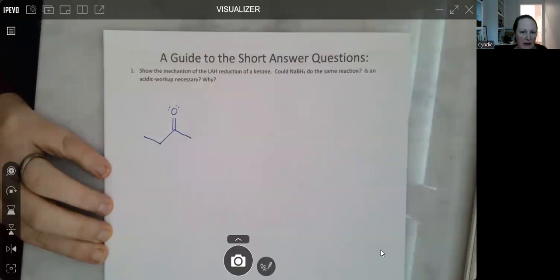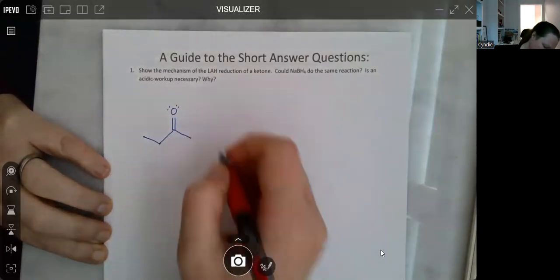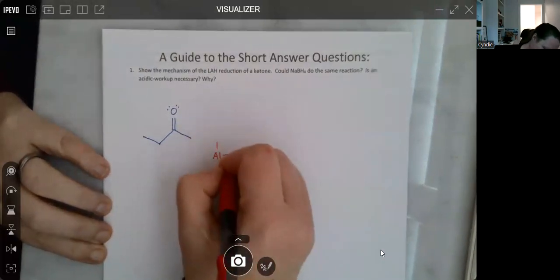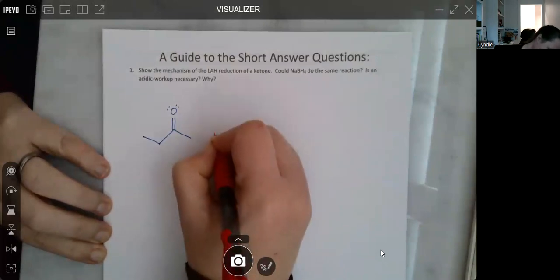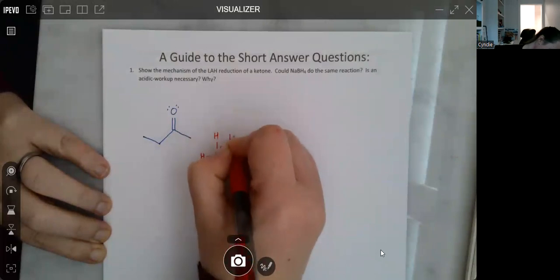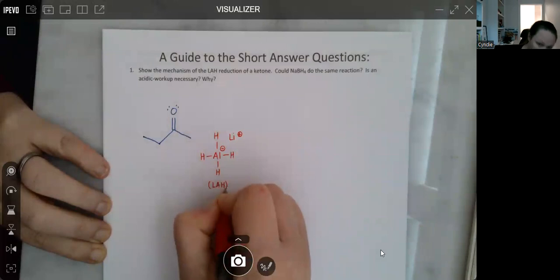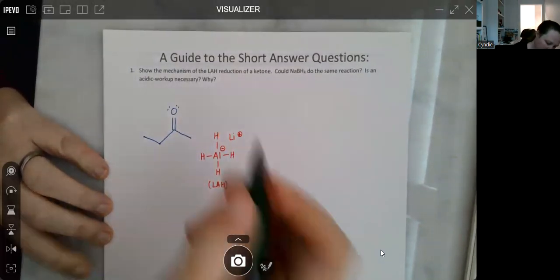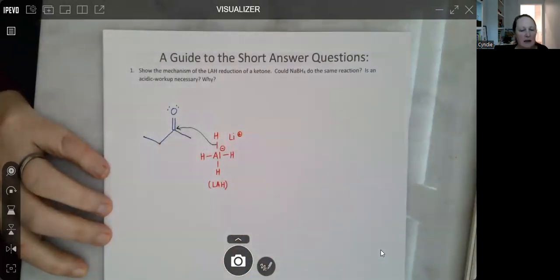And then we want to draw out lithium aluminum hydride. So you should know what that looks like. That is an aluminum bonded to 4 hydrogens. The aluminum has a negative charge, and there's a lithium counter ion. So that's LAH. One of these hydrides can do a nucleophilic attack on the partially positively charged carbonyl carbon.